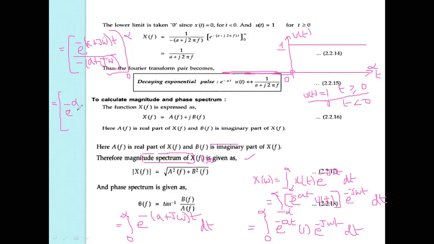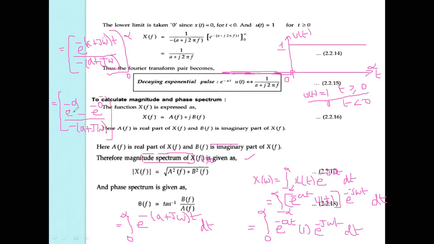Infinite to anything is infinite only, my students. Minus the lower limit is e power minus 0, because the t value is 0, anything into 0 is 0, by minus of a plus j omega.